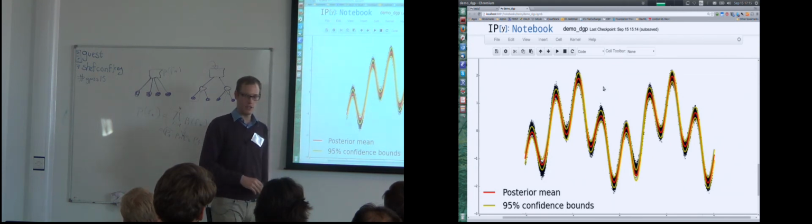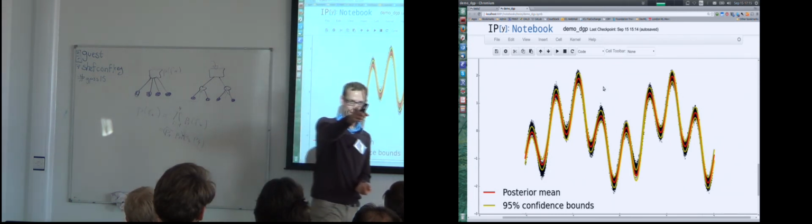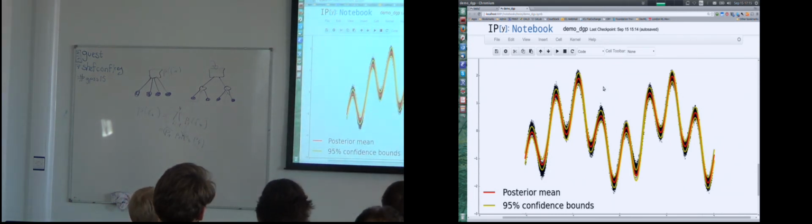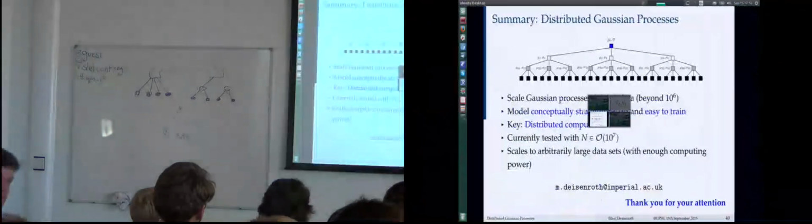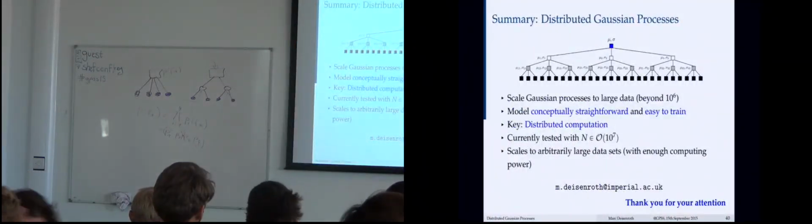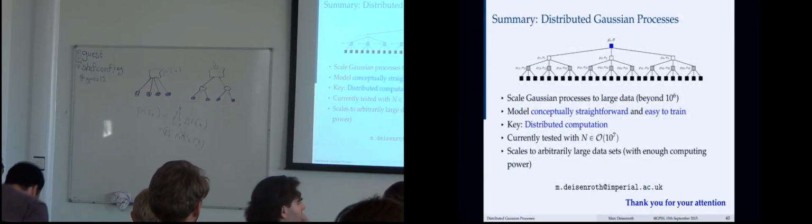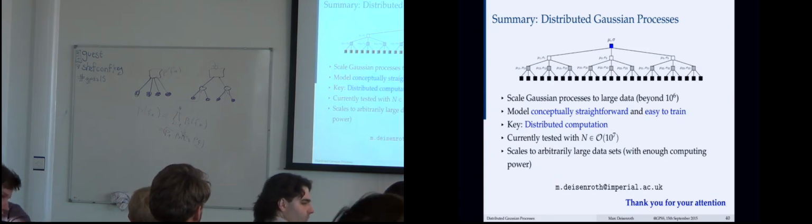Okay, I'll take more questions. There's a question over there. I just get confused. From the complexity, isn't it the same as sparse GP? Because you're saying the complexity is O(P cubed), right, where P is the number of data points on each machine?